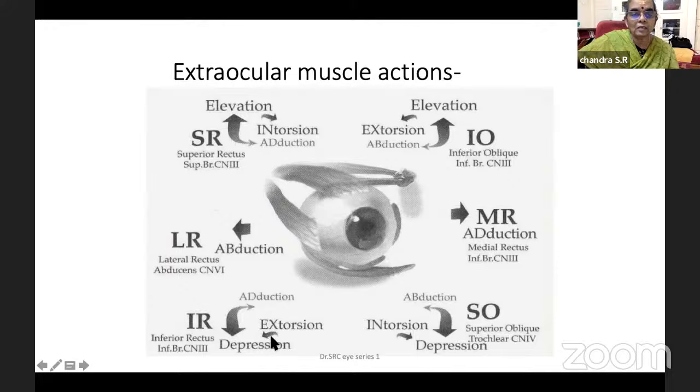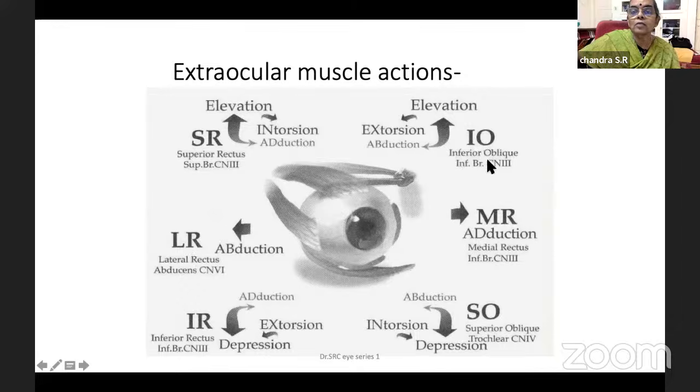And inferior rectus is depression, extorsion, and adduction. So vertical recti will adduct. Vertical recti are superior rectus and inferior rectus. They both adduct. Inferior rectus depresses, superior rectus elevates. Superior rectus is an intorter, inferior rectus an extorter. Lateral rectus is abduction. Medial rectus is adduction.